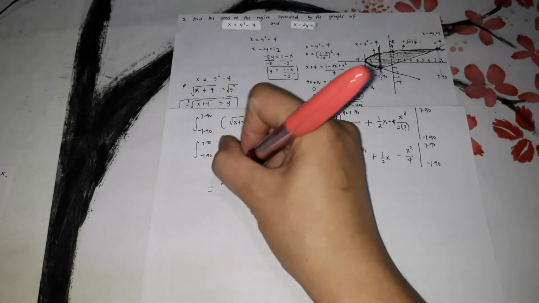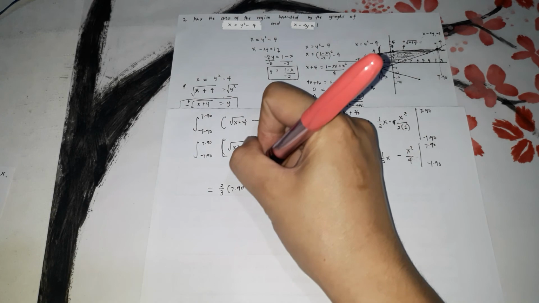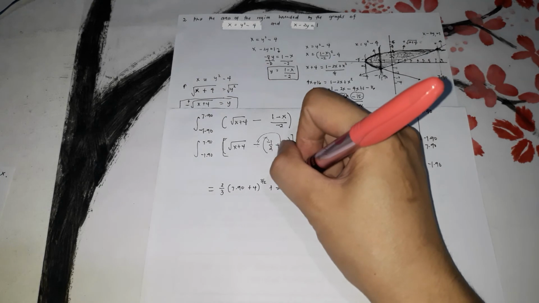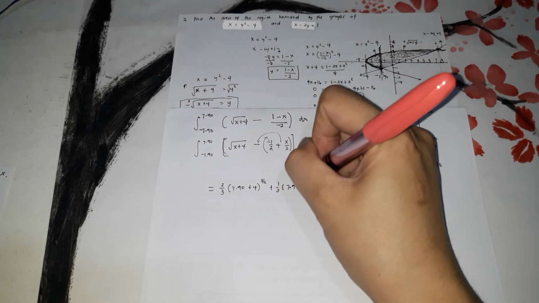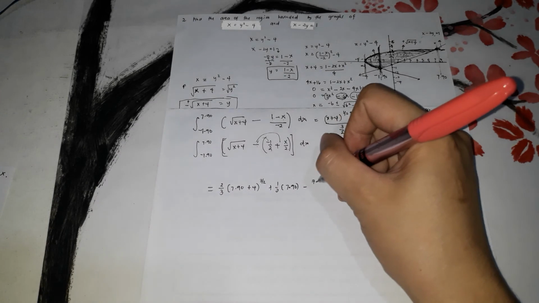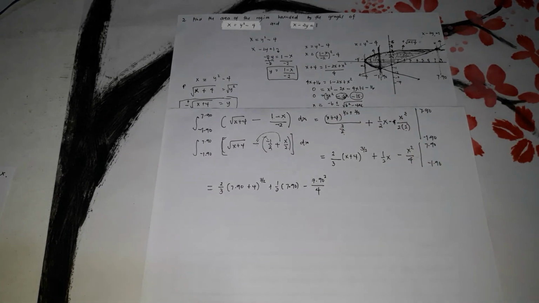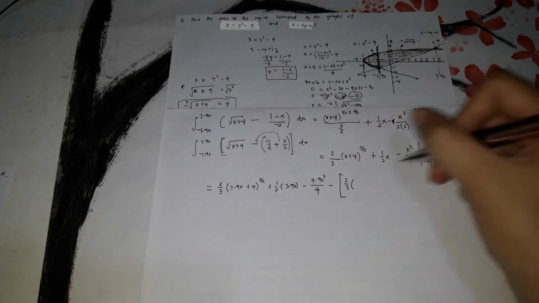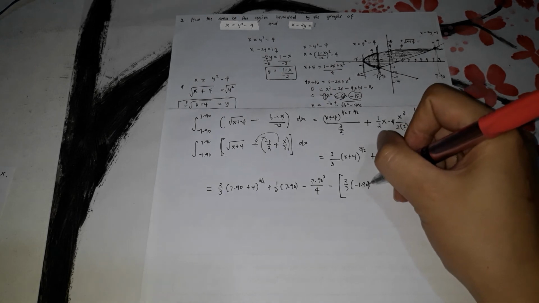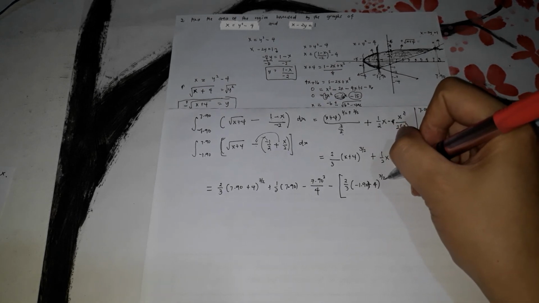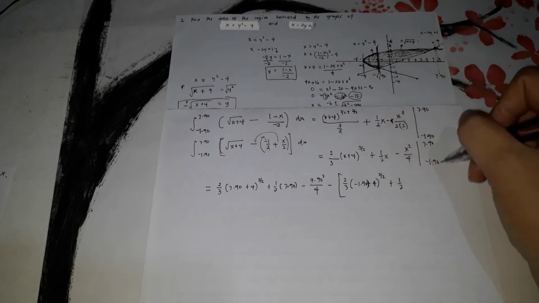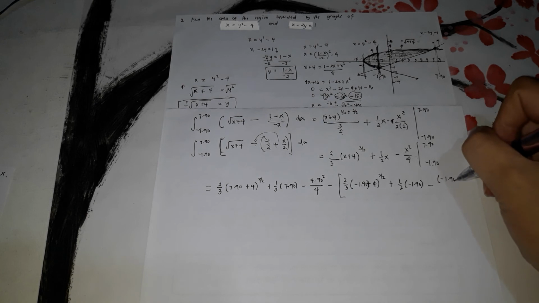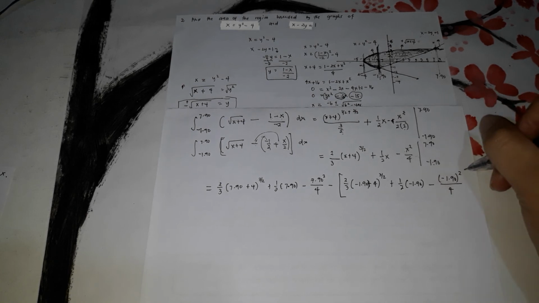So, 7.90 una: 2/3 times 7.90 plus 4 raised to the power of 3 halves plus 1/2 times 7.90 minus 7.90 squared over 4, minus 2/3. This would become negative 1.90 plus 4 raised to the power of 3 halves plus 1/2. Ang x magiging negative 1.90, minus negative 1.90 squared over 4.